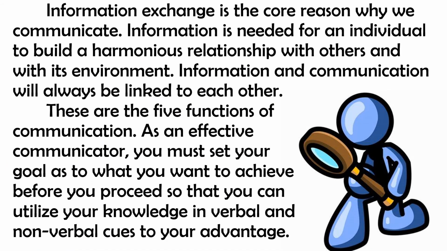So information exchange is the core reason why we communicate. Information is needed for an individual to build a harmonious relationship with others and with the environment. Information and communication will always be linked to each other. These are the 5 functions of communication.